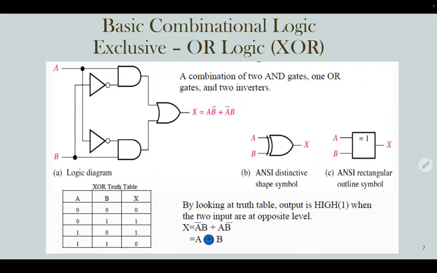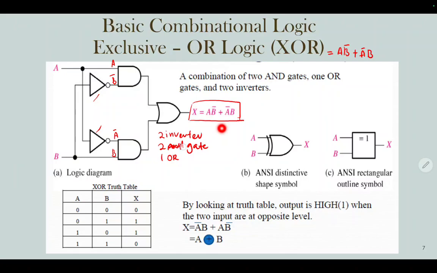XOR is equal to A B bar plus A bar B. So this one is A B bar, and here you got the equation A B bar plus A bar B. This circuit is quite complicated because it involves 2 inverters, 2 AND gates, and 1 OR gate.